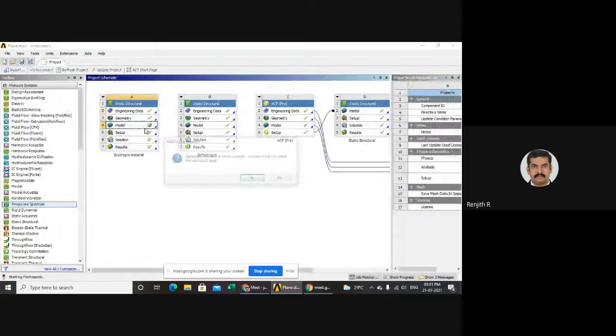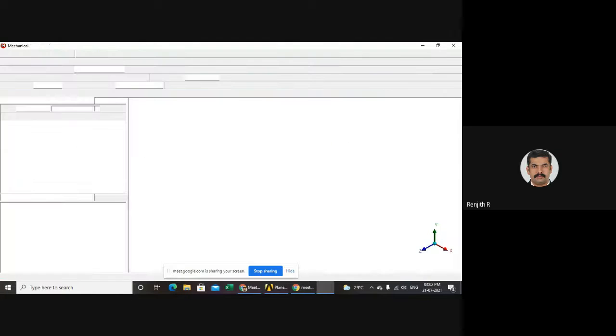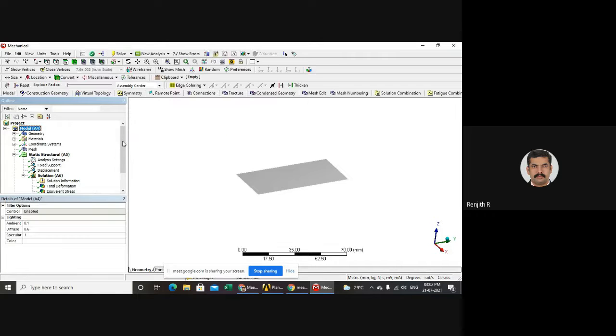And the model, if you open the model, okay, this is the model.